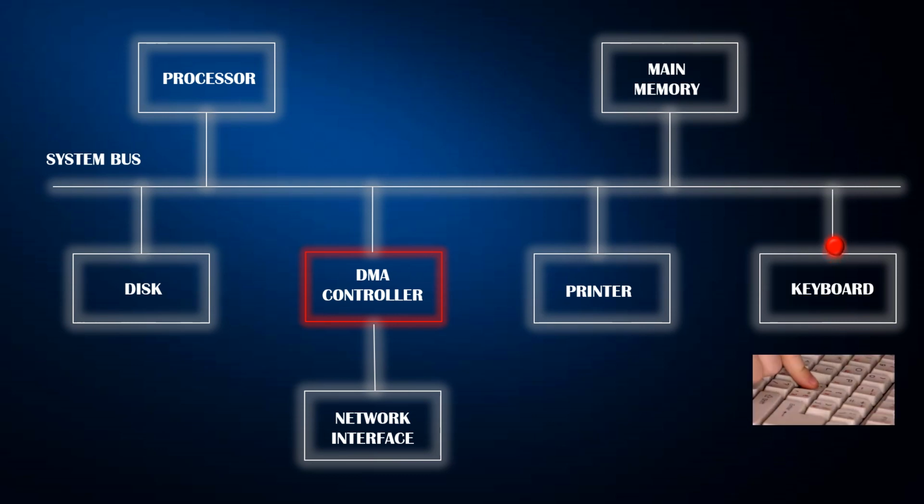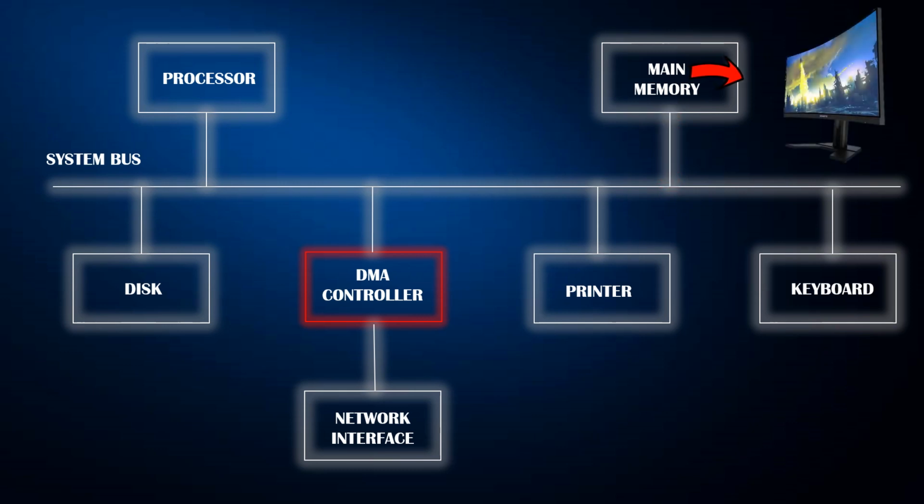So when we press a key in a keyboard, the signal will first be sent to the processor, which gives access to the main memory, and then the main memory will send the signal to the monitor. The monitor will show the output of the letter which we have pressed.